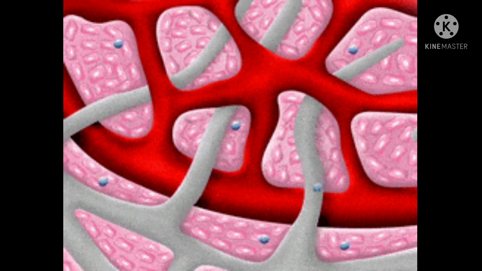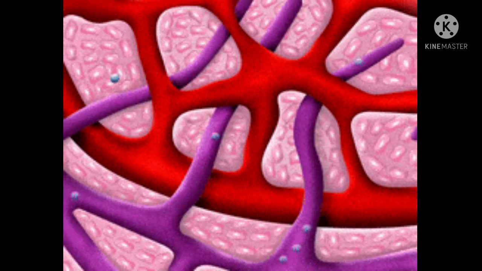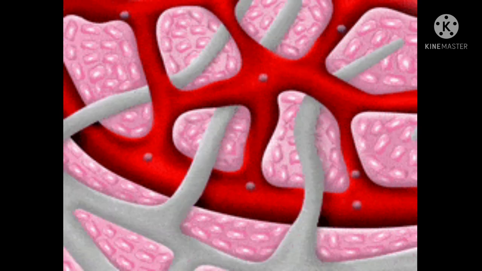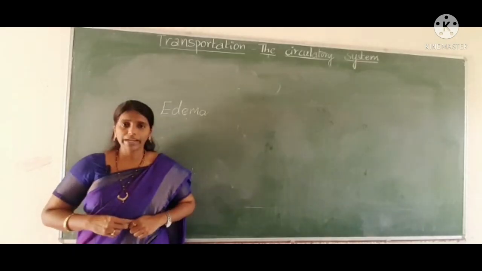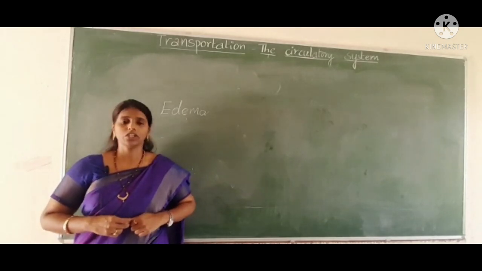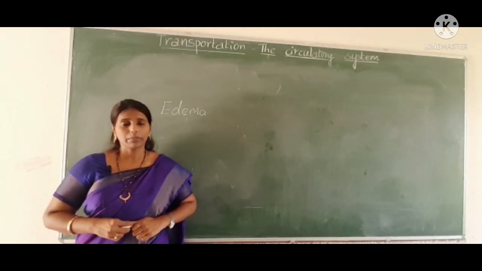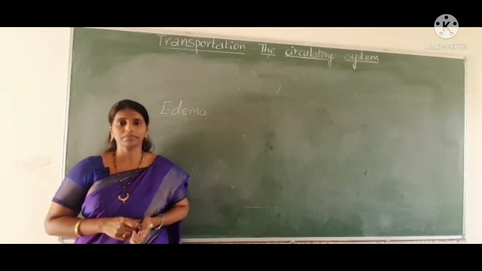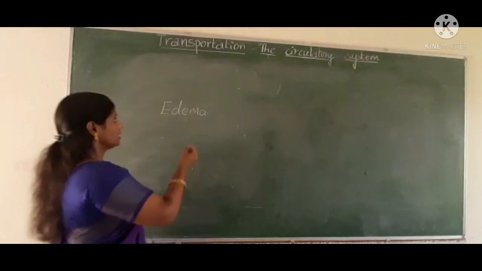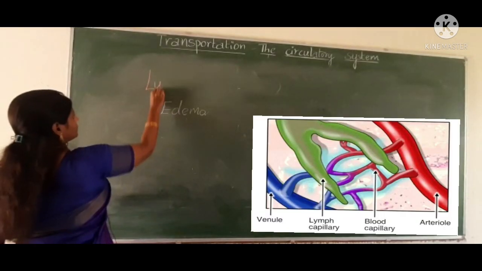Only some portion of tissue fluid enters the vein. Then what about the remaining fluid? The remaining tissue fluid moves into the main bloodstream by a separate system called as lymphatic system.